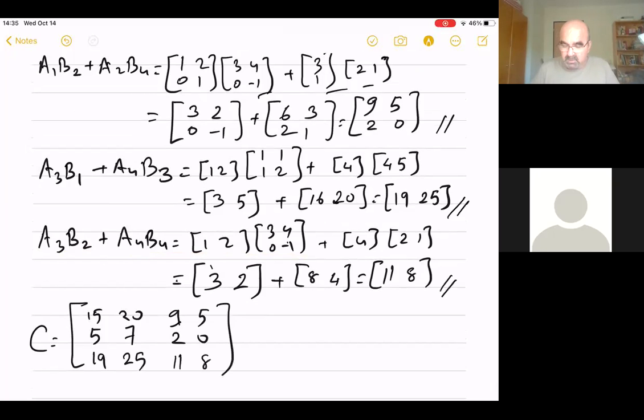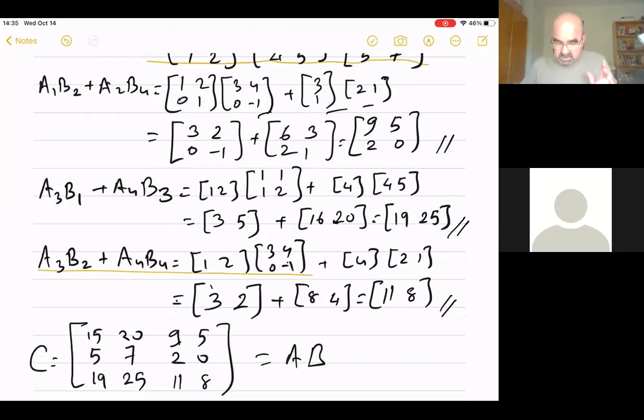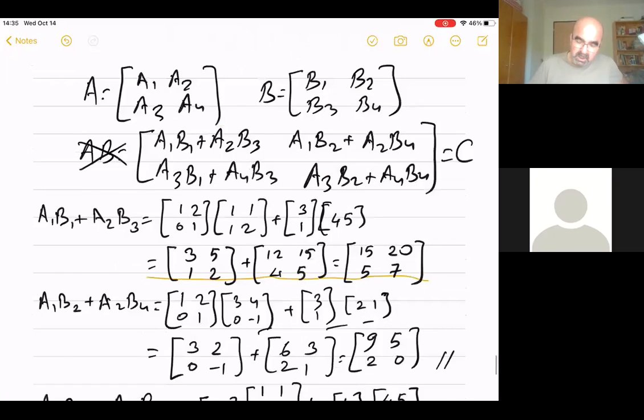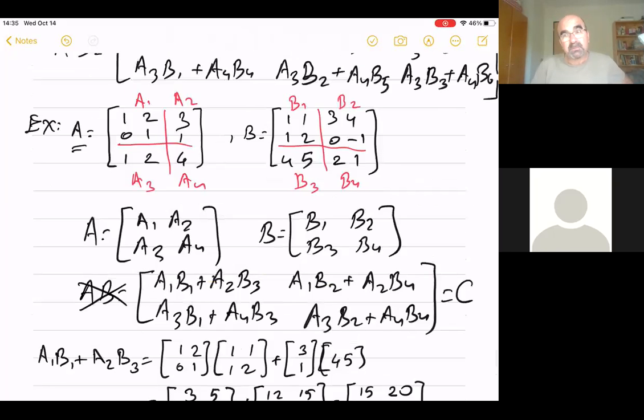Well, you should check that this is equal to A times B. I leave this to you to check that it's the product of A and B. So the main objective of this example is that instead of multiplying two matrices together, you can partition them and then multiply this way. Sometimes it's easier. If there are many zeros, for example, you can multiply it that way.